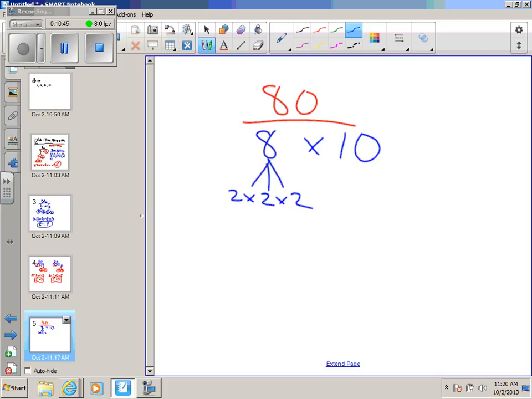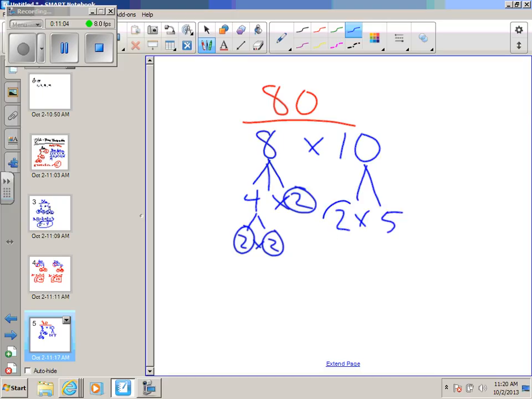Okay? You do see where we got that from, don't you? Because normally we'd say 8 is 4 times 2, and then we say 2 times 2 anyway, right? So we still get our three 2s. And then the 10. It's 2 and 5.